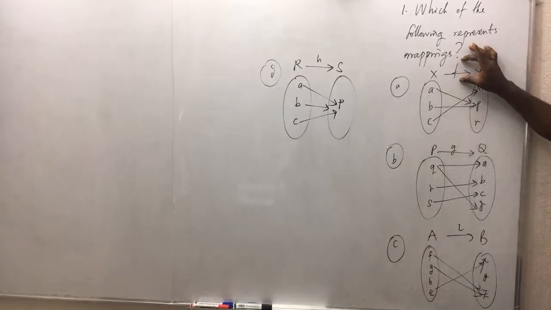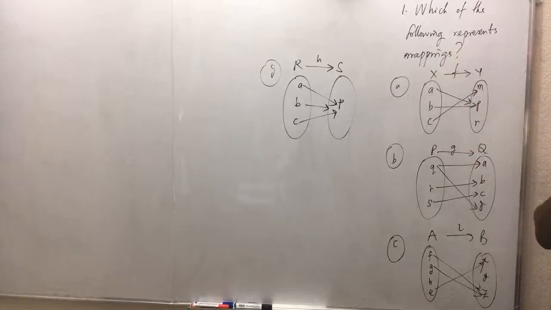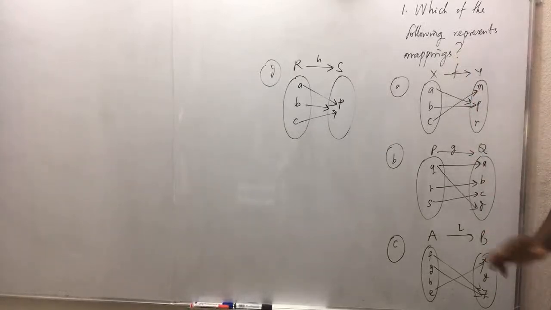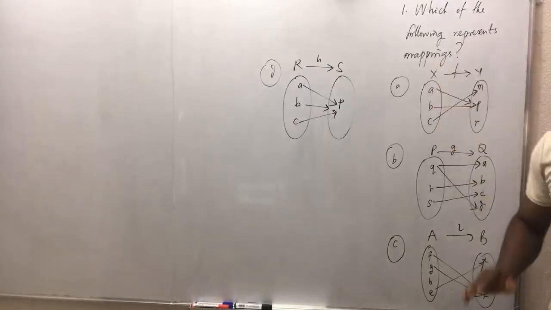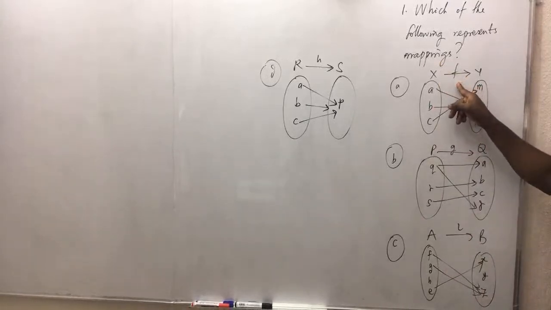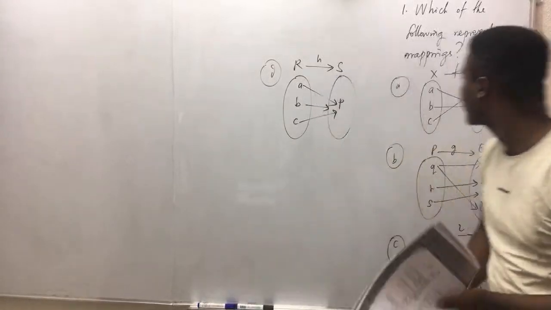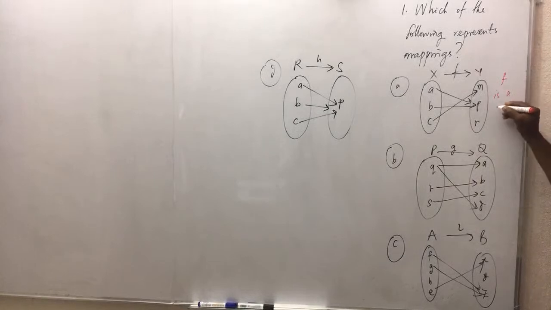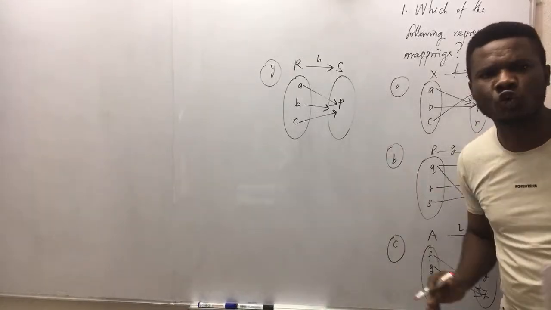Since this relation F satisfies the 2 conditions, uniqueness for number 2 and all the elements in the domain having images, then I'm going to write here quickly that F is a mapping. So F is a mapping because it satisfies those 2 conditions.